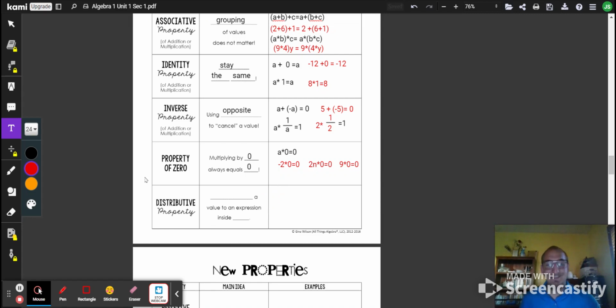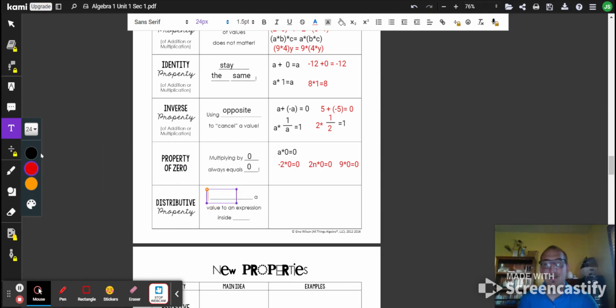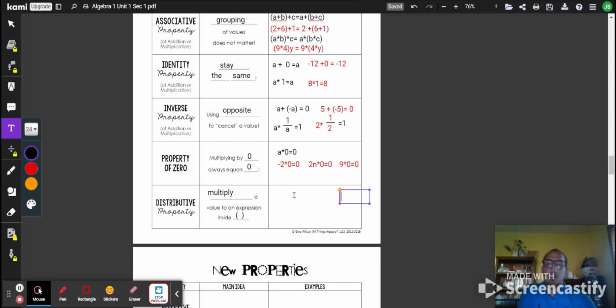Moving along. We have distribution. People like distribution. It's fun. I've worked with a lot of people who are like, "Oh, I love distributing." Distributing means multiplying a value inside parentheses.